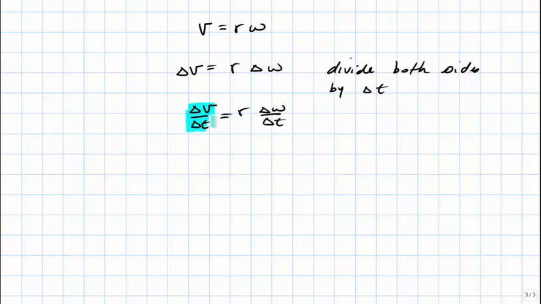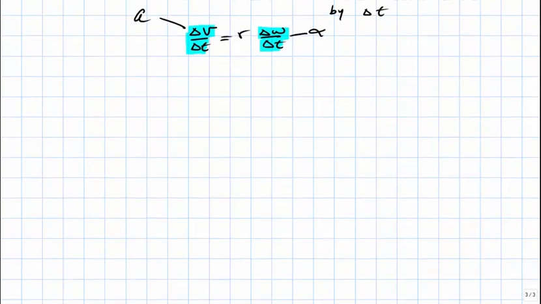On the left-hand side, delta V over delta t is simply the definition of linear acceleration. And delta omega over delta t on the right represents angular acceleration. And therefore, we have a relationship between linear acceleration and angular acceleration, which looks like this. A equals r times alpha.